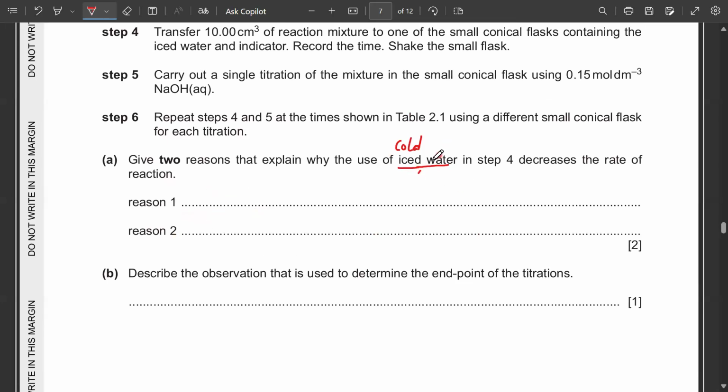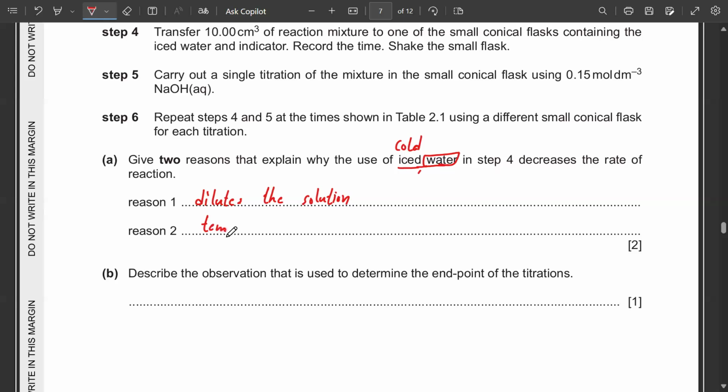So basically, the two reasons for decreasing the rate of reaction are, number one, the water itself is being added, which dilutes the solution. You can either say dilute the solution or dilute the concentration. And number two, the temperature has been decreased.